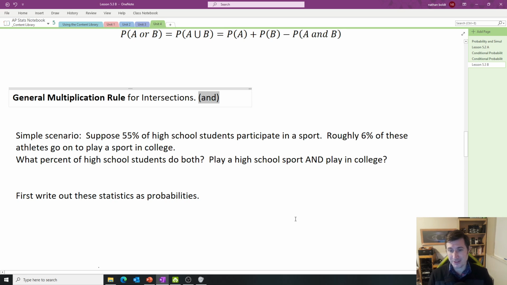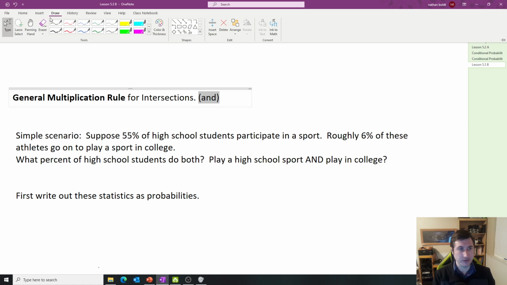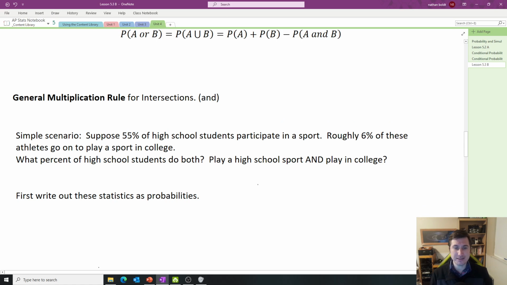Play a high school sport and play in college. We're going to use that idea to build this intersection rule for "and" statements. Hopefully it's a bit intuitive here. If 6% of the 55% go on to play a college sport, how many do both?